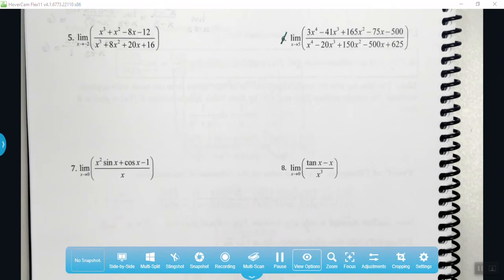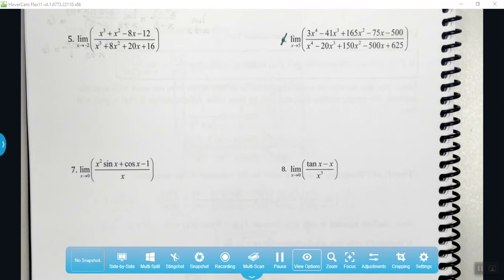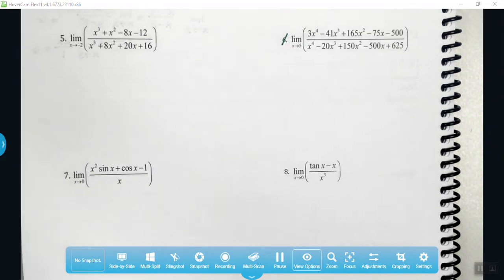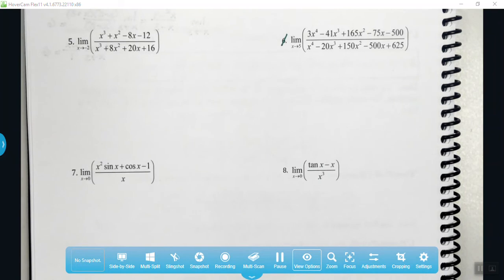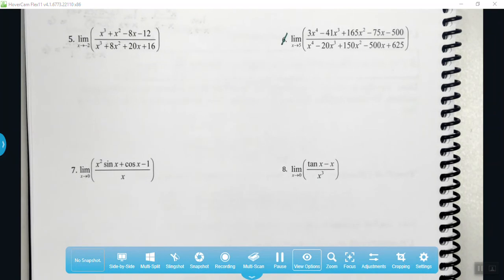So we don't have to prove the special cases for does not exist. Like we don't have to prove that they're both going to infinity. You will once we get to those special cases, but we are not doing special cases this unit. This unit, I'm only going to give you 0 over 0 or infinity over infinity. So prove that the top goes to 0, bottom goes to 0.